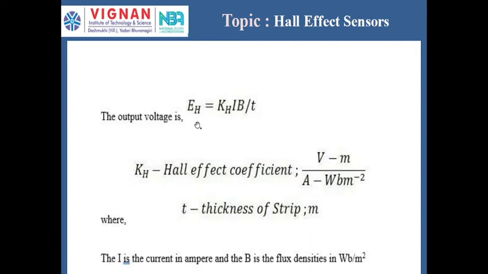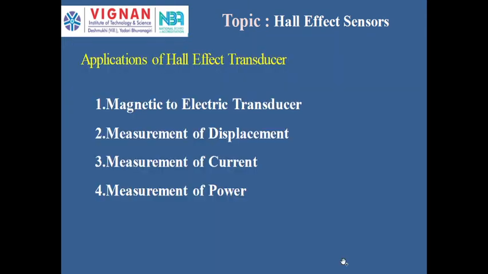The output voltage EH is given by KH I B divided by T, where KH is the Hall effect coefficient, given in volt-meter per ampere Weber per meter square, T is the thickness of the strip, I is the current passing through the conductor in amperes, and B is the flux density in Weber per meter square.